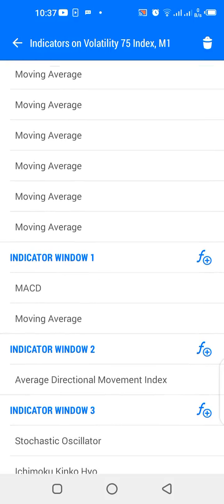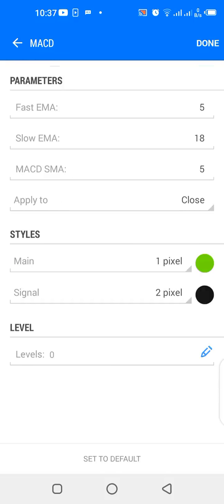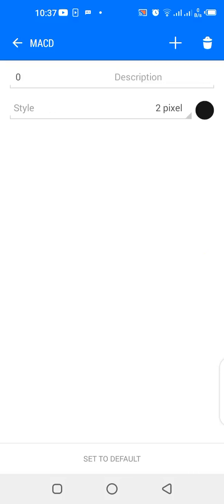We have MACD and moving average. The MACD settings: the fast EMA is 5, the slow EMA is 18, MACD SMA is 5. Apply to close. The main style color is green and the signal style color is black, and the zero level color is black.